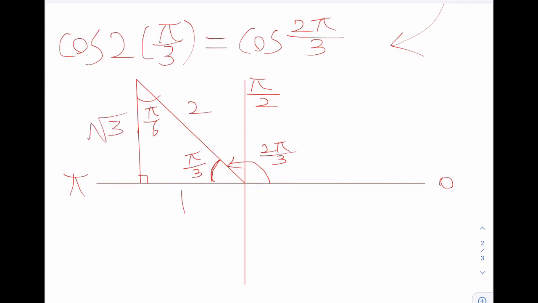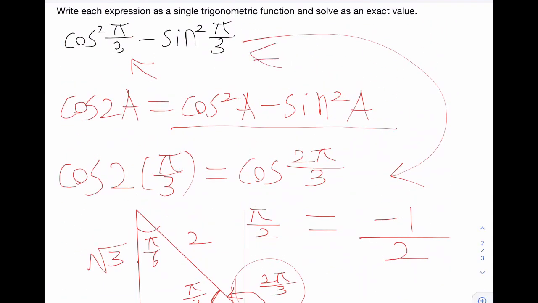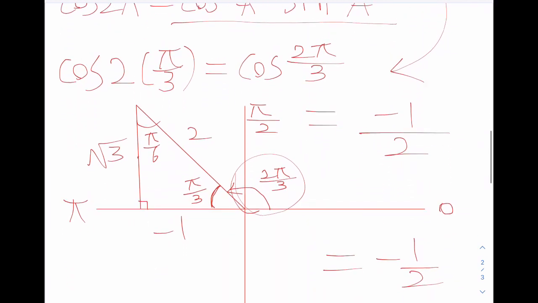And since this is in the second quadrant, or quadrant 2, this will be a negative. So what is cos of 2 pi over 3? Well, it's going to be x, which is negative 1, over r, which is 2. So cos 2 pi over 3 will be negative 1 over 2. So therefore we wrote this guy as a single trigonometric function and solved it as an exact value, which was negative 1 over 2.